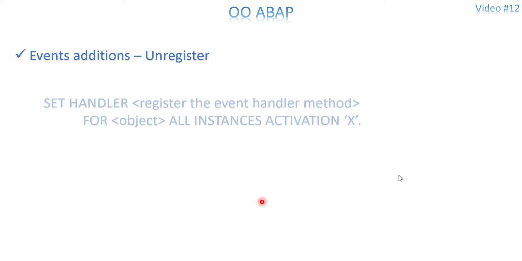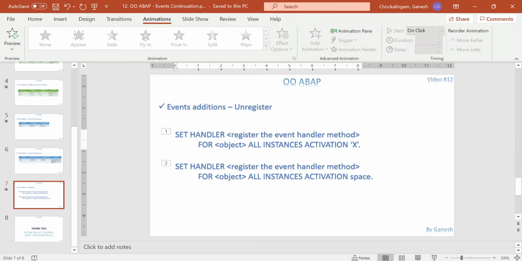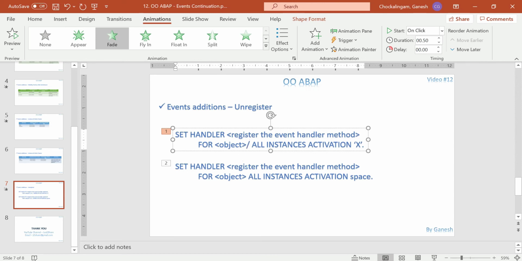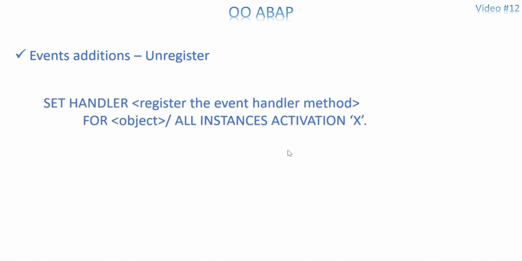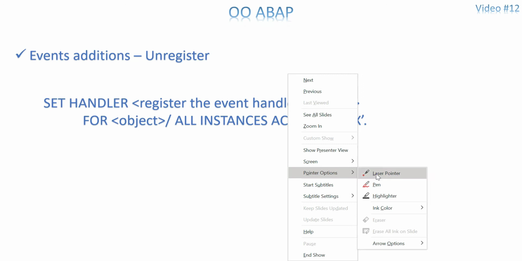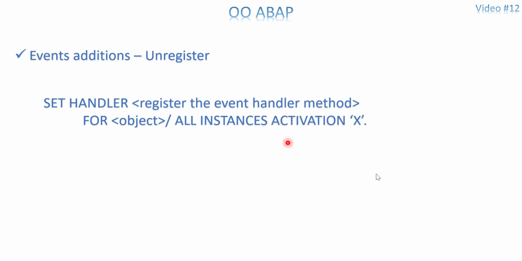And then unregister. The unregister statement is like this: SET HANDLER registers your event handler method for either an object or all instances, followed by ACTIVATION X. Activation is a word where you give additional information to the system that you are going to activate your SET HANDLER method.